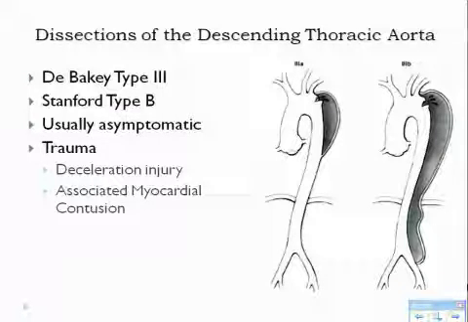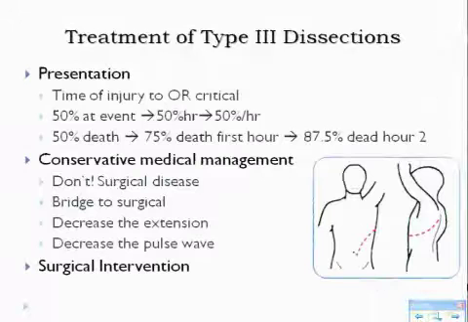Now you can see this dissection is extending all the way down into the abdomen, and you don't fix it by going all the way down. You just fix the thoracic dissection up here. Okay. Now because it is a descending dissection, it's retro, behind the heart.